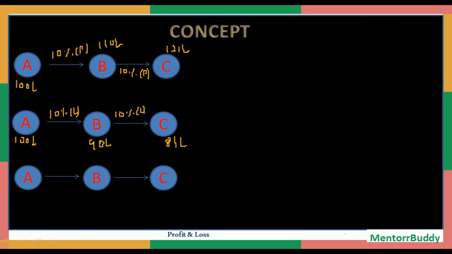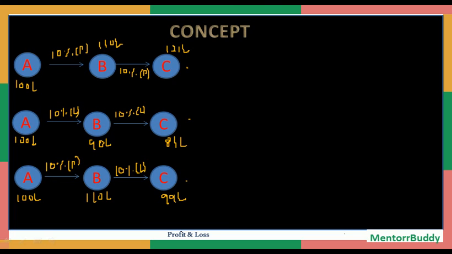And in the final case, again A sold his 100 lakh property first at a profit of 10% to B. So for B, it will cost 110 lakh rupees, and then B further sold it at a loss of 10% to C. It will cost 99 lakh rupees. So these are the three transactions.